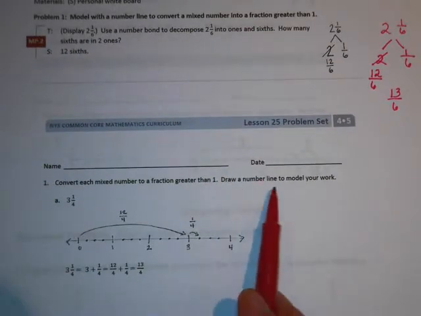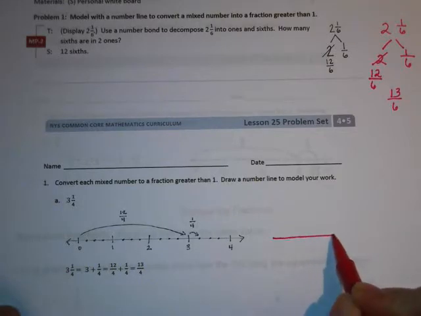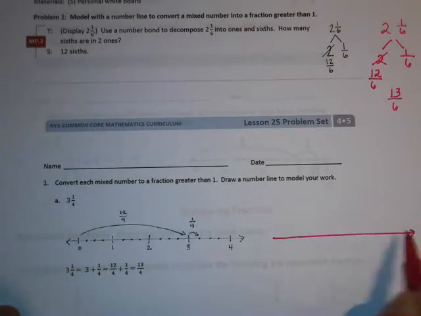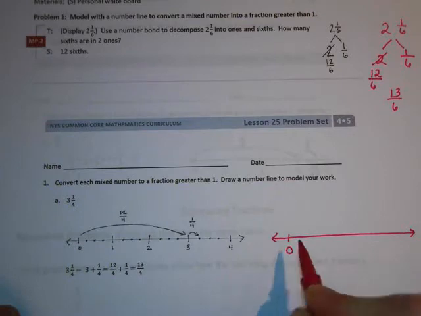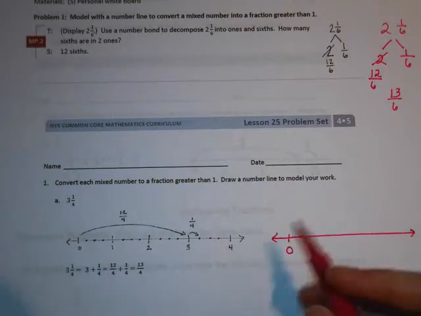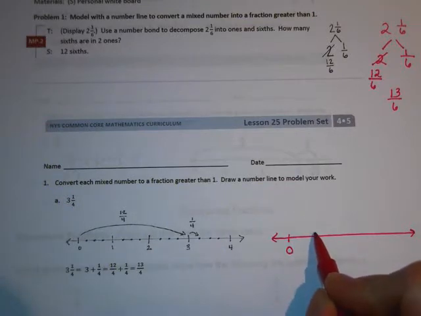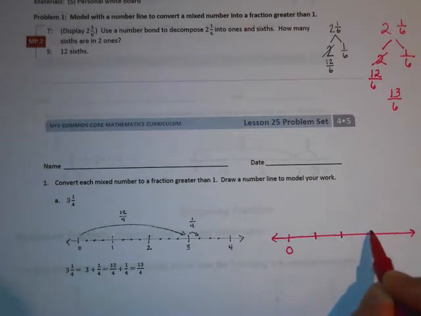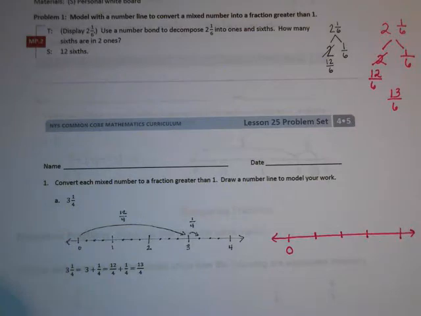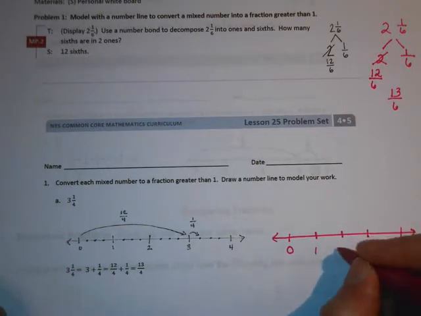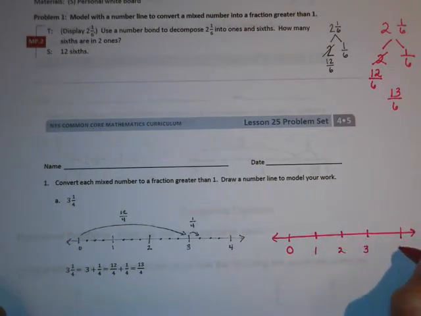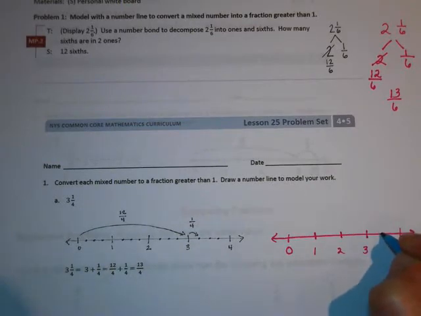All right, use a number line to model your work. Okay, so I'm going to play it out for you how the directions said in the little teacher's notes. So it's 3 and 1/4. They have the kids go 1, 2, 3, 4, and then we're going to divide this into 4 equal parts because we have to get a fourth.